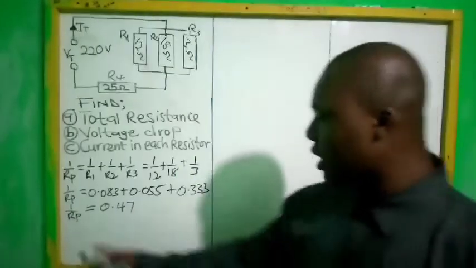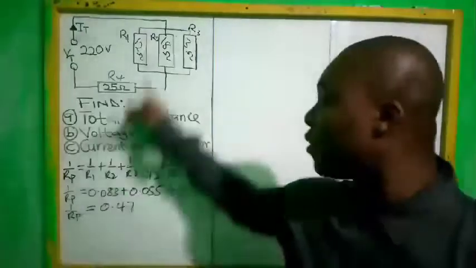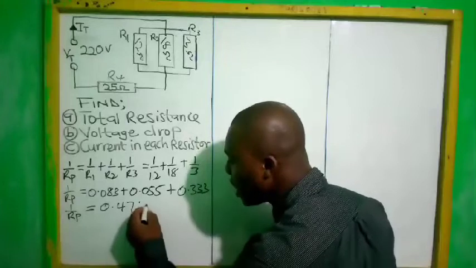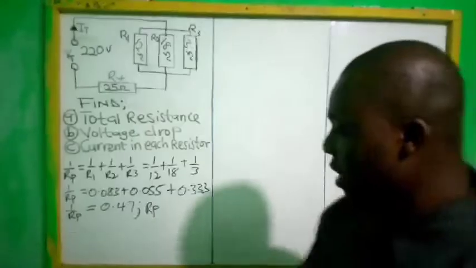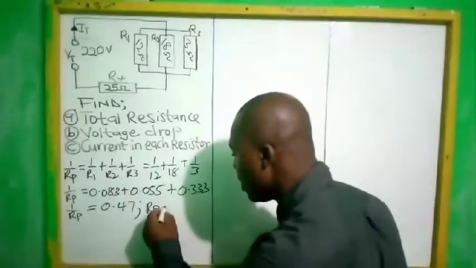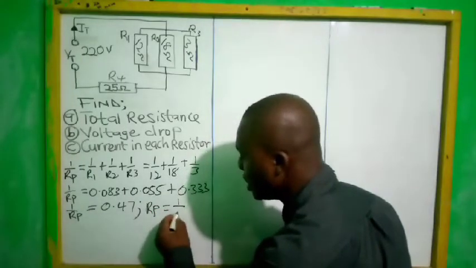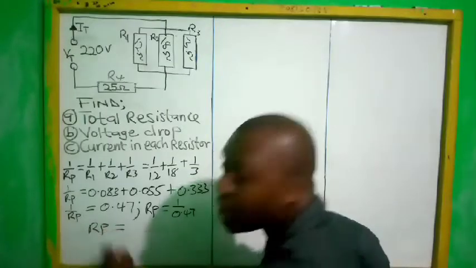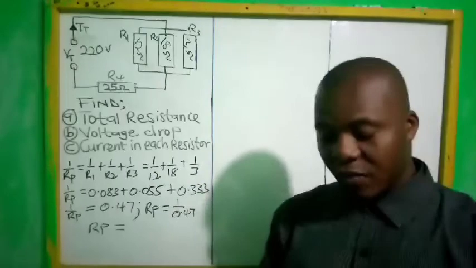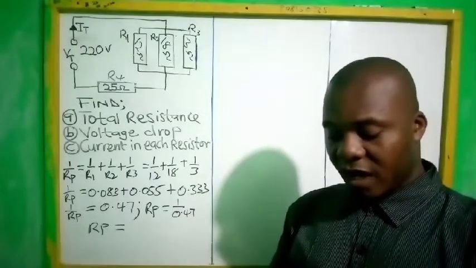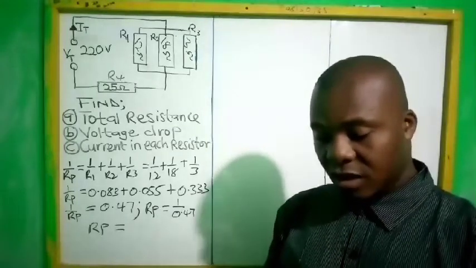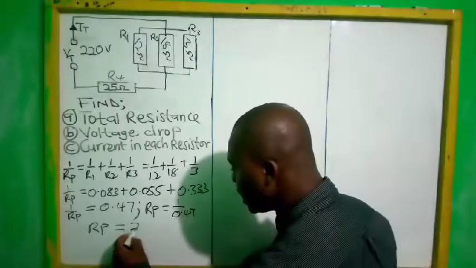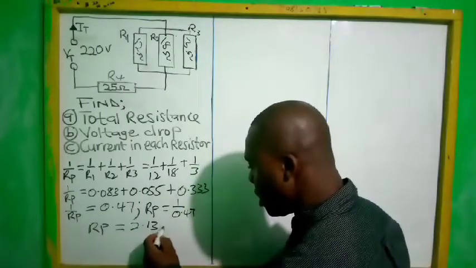Because we are looking for the equivalent resistance in parallel, RP, and RP is standing alone, RP is equal to 1 over 0.47. 1 divided by 0.47 gives 2.13 ohms.